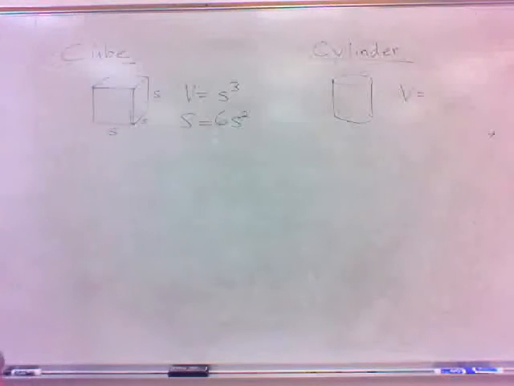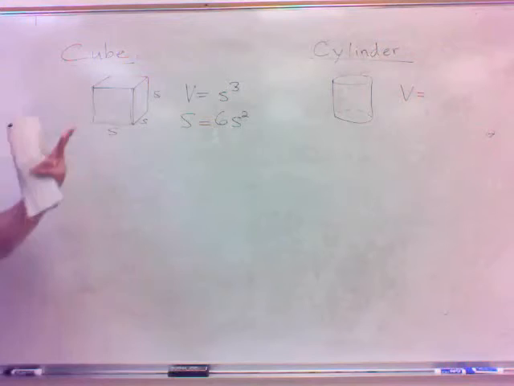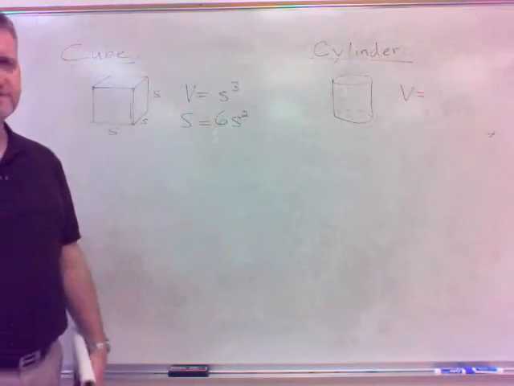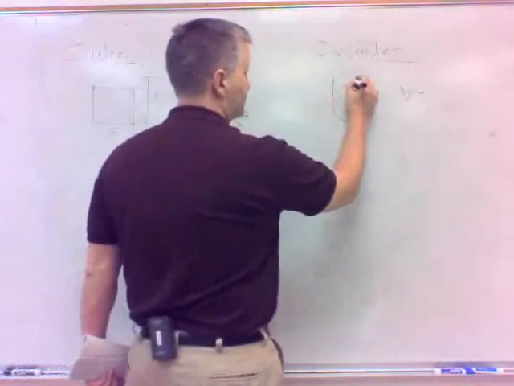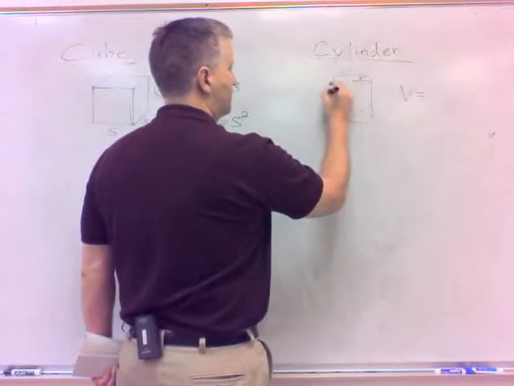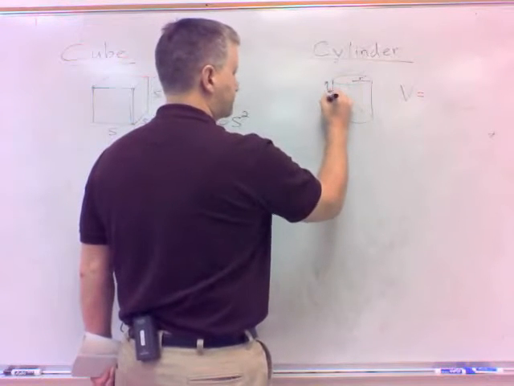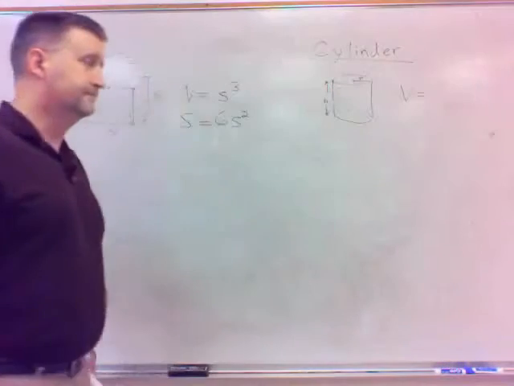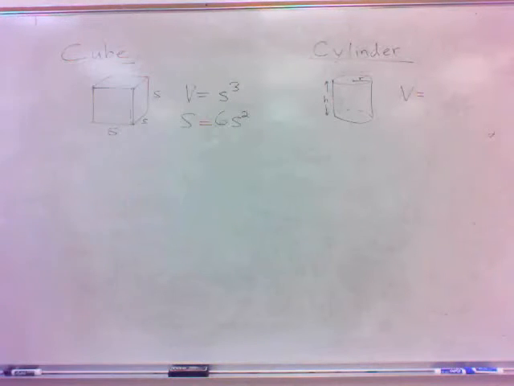Let me try to explain to you the volume. You need to know 2 things on a cylinder. You need to know the radius of the circle, R, and then you need to know the height of the cylinder, top to bottom.